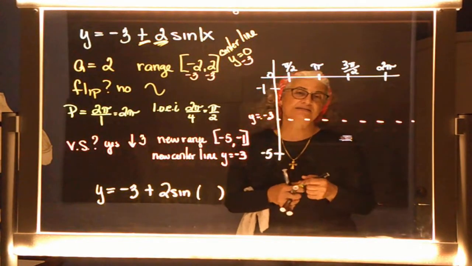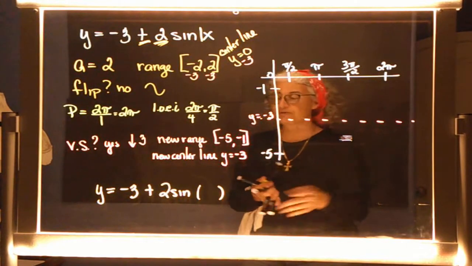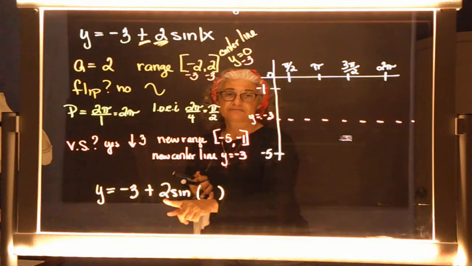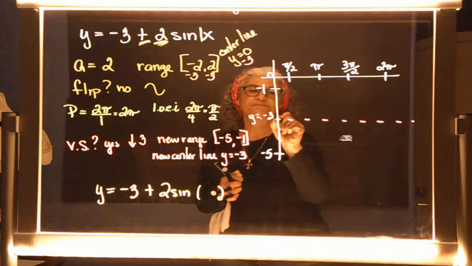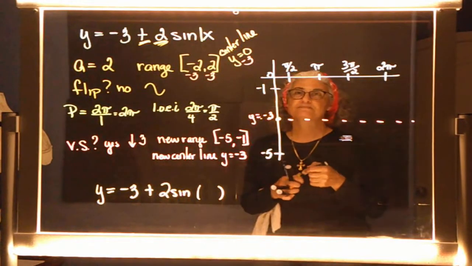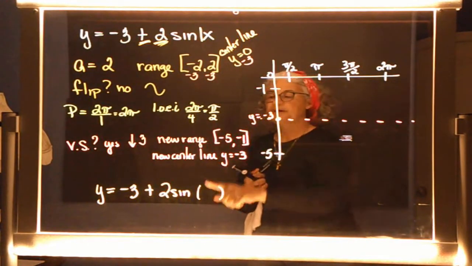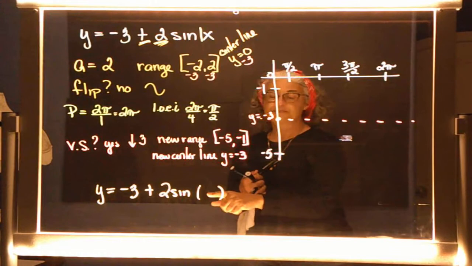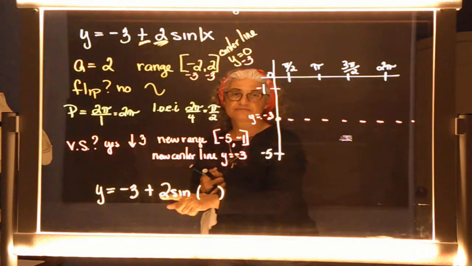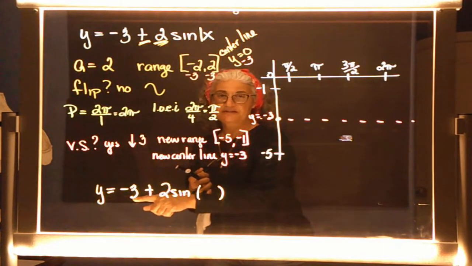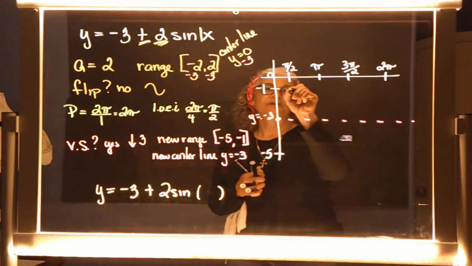So what's the sine at 0? Good, 0 times 2, 0, plus -3, -3. And now we're plugging in pi over 2. What's the sine at pi over 2? 1 times 2, 2, plus the -3, -1.